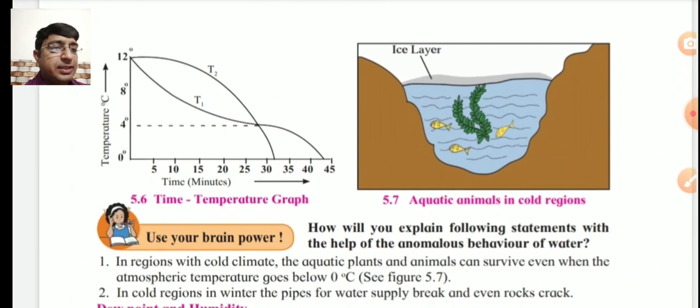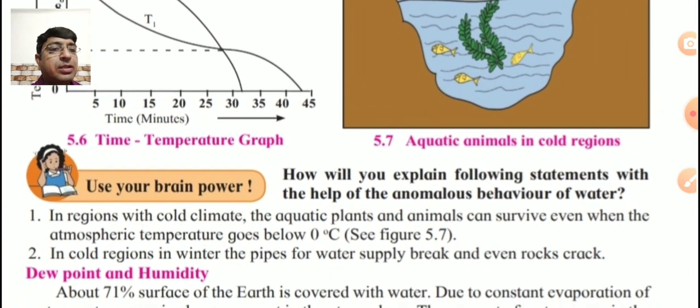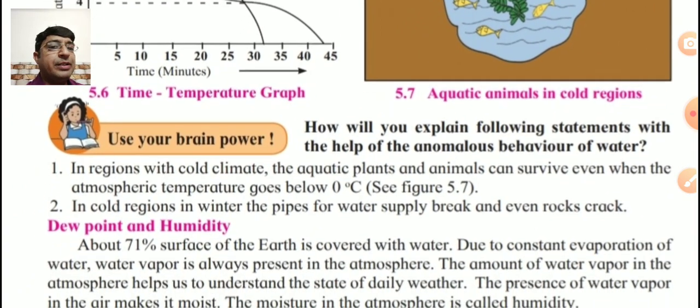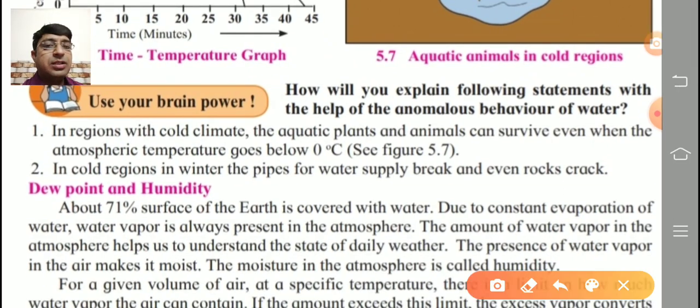Now one figure is given here and some questions. Use your brain power. How will you explain the following statements with the help of the anomalous behavior of water? Two questions are given for us. These are give reason questions. First give reason question: in a region with a cold climate, the aquatic plants and animals can survive even when the atmospheric temperature goes below 0 degrees Celsius.